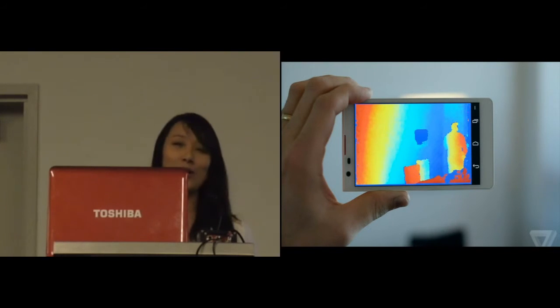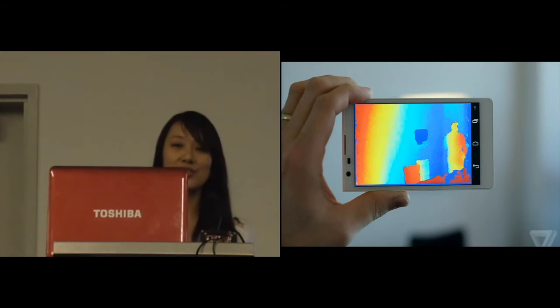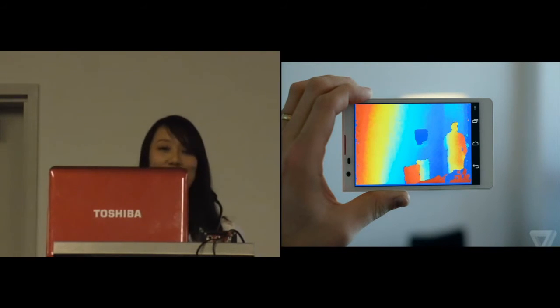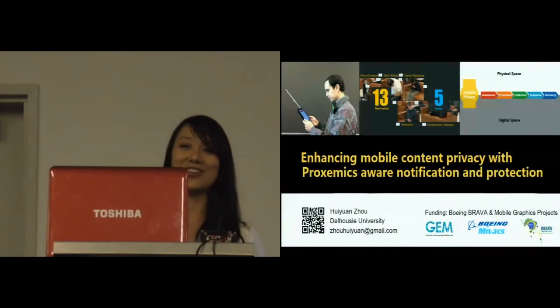Nonetheless, with the improvement of quality of lens, depth camera, or extra sensors, such as Google's Project Tango, we believe that such technology will come to reality sooner than we think.